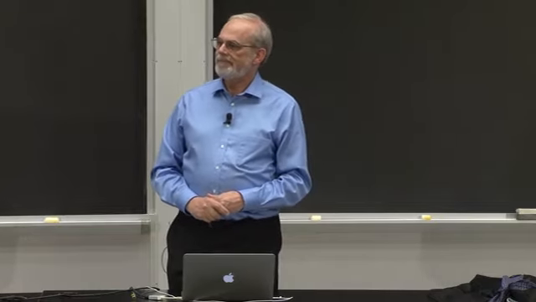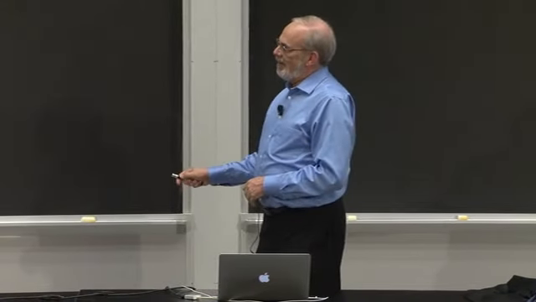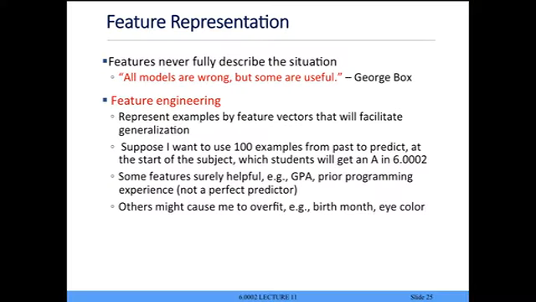But think about the features. What would I measure? Actually, I'll put this on John because it's his idea. What would he measure? Well, GPA is probably not a bad predictor of performance. You do well in other classes, you're likely to do well in this class. I'm going to use this one very carefully. Prior programming experience is at least a predictor, but it is not a perfect predictor.